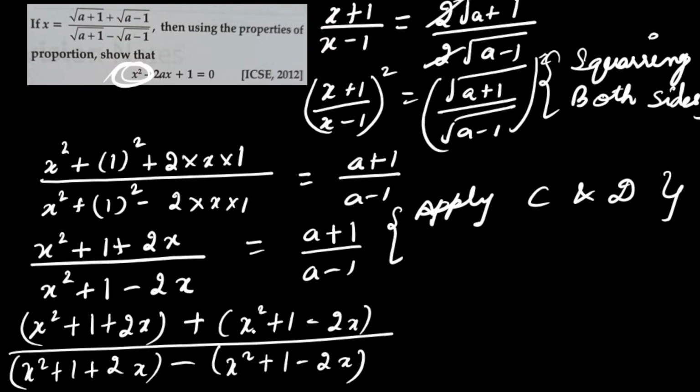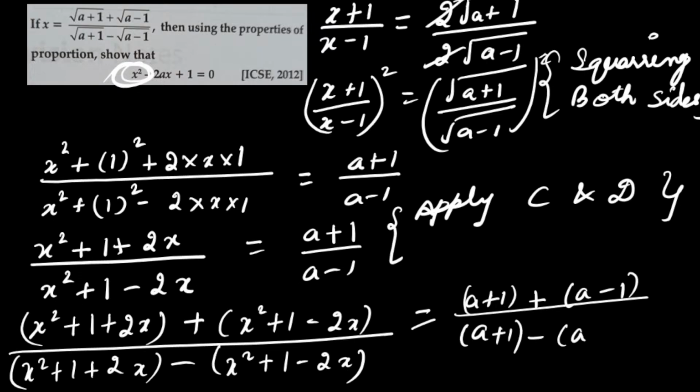So addition of numerator and denominator, subtraction of numerator and denominator. Same thing this side also, a plus 1 plus a minus 1, a plus 1 minus a minus 1. So I have applied componendo and dividendo again.